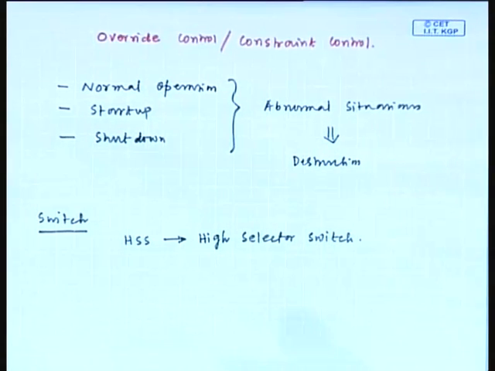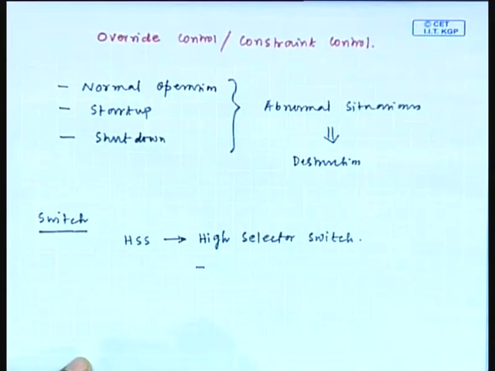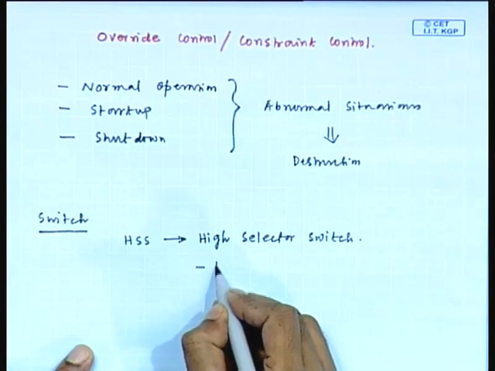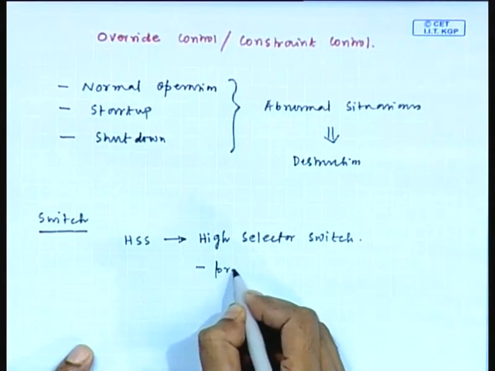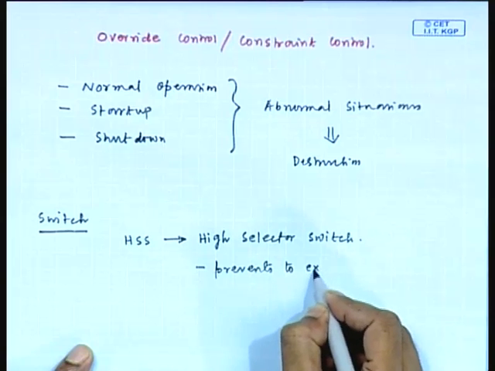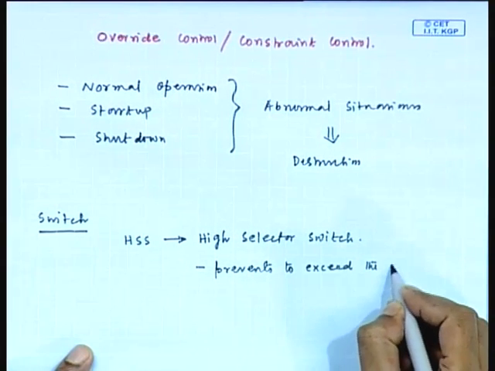This is one type of switch which is used in abnormal situations, and this switch prevents to exceed the upper limit.